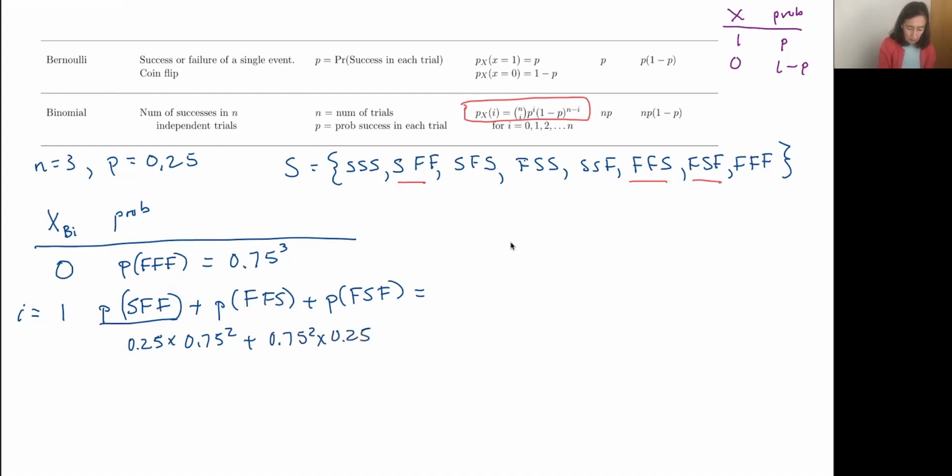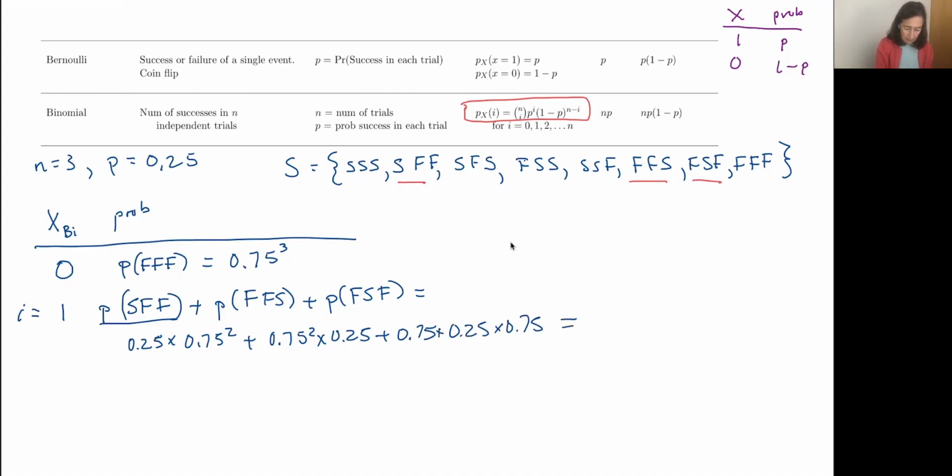So here's the probability of the first outcome, the second outcome, and the third outcome that belong in this event. Each is 0.75 times 0.25 times 0.75.